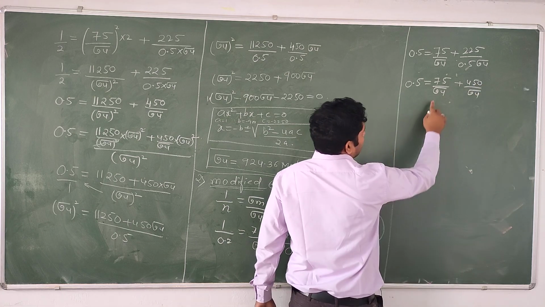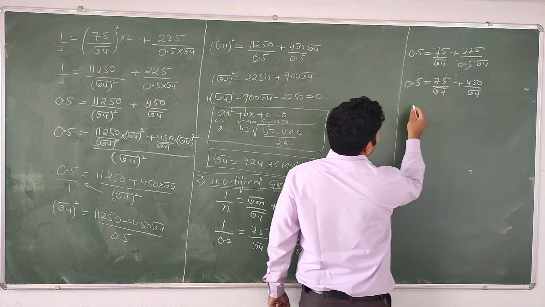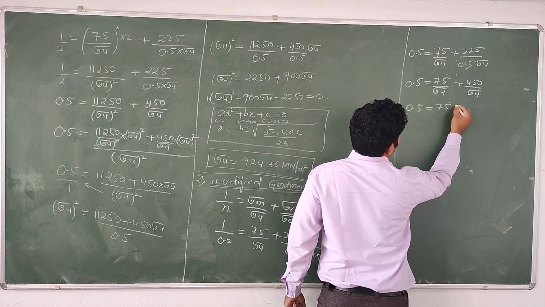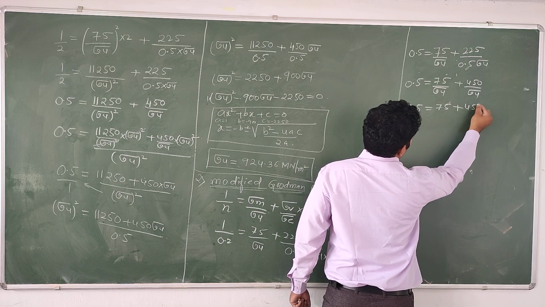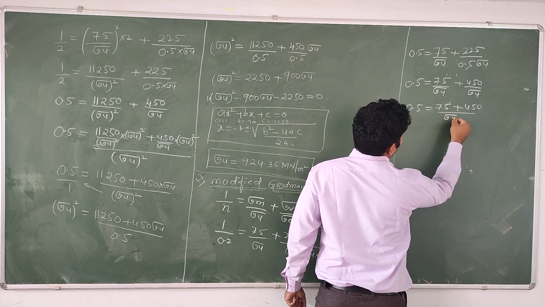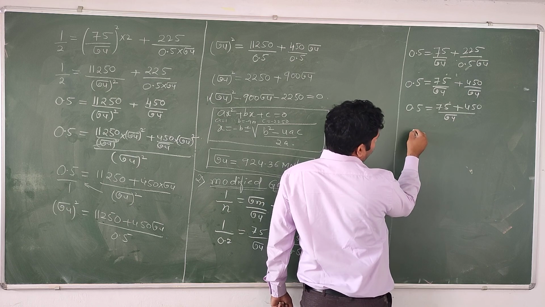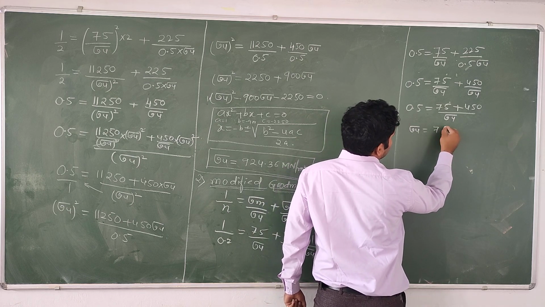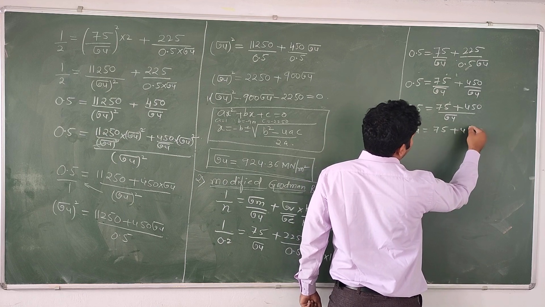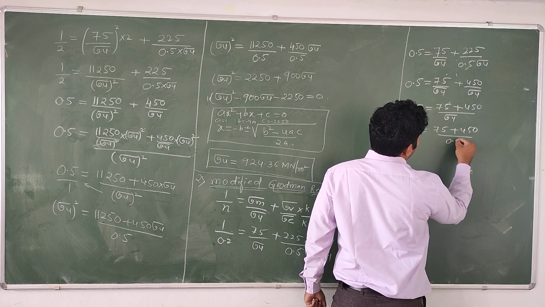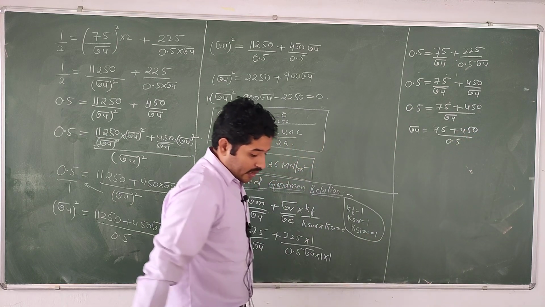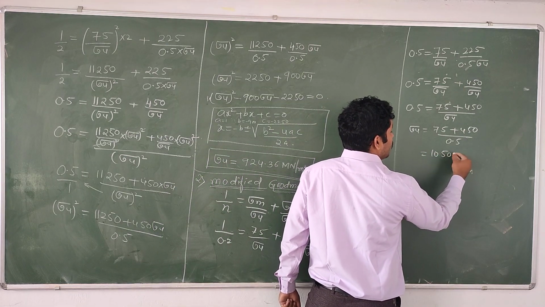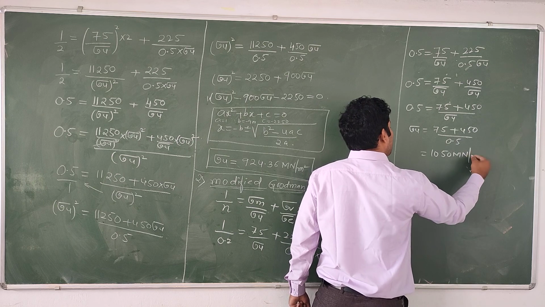Here we can take the common sigma u: 0.5 equal to 75 plus 450 by sigma u. Then you need to cross multiply. Sigma u equal to 75 plus 450 by 0.5. Then you will get the answer 1050 mega Newton per meter square.